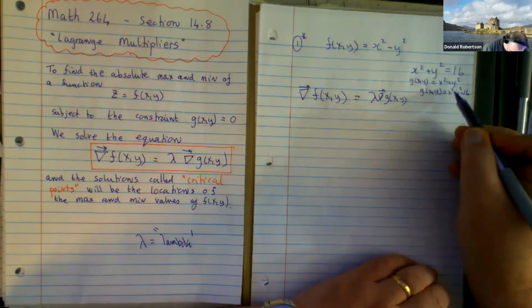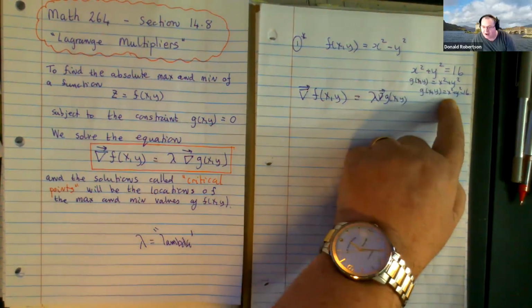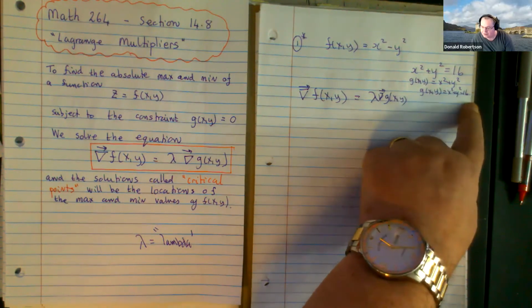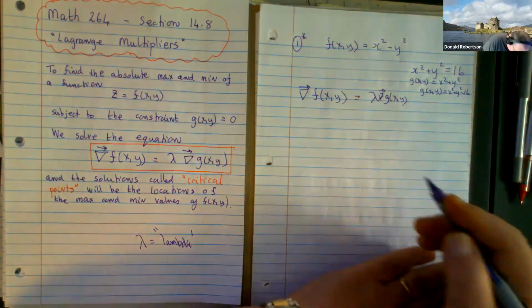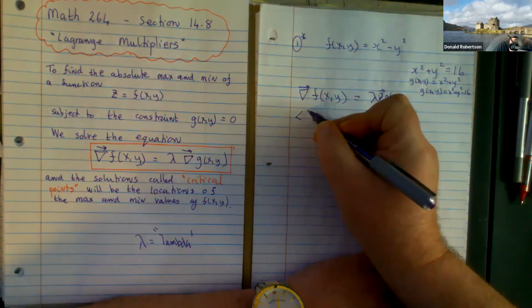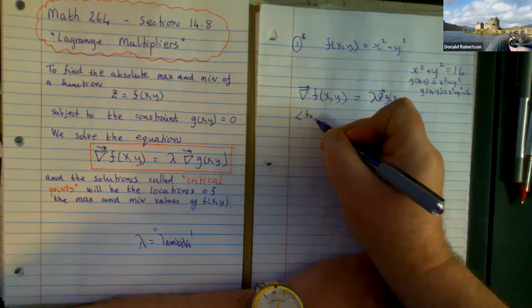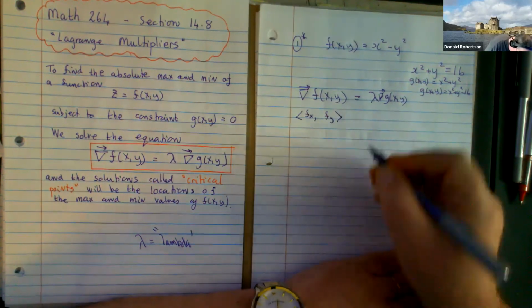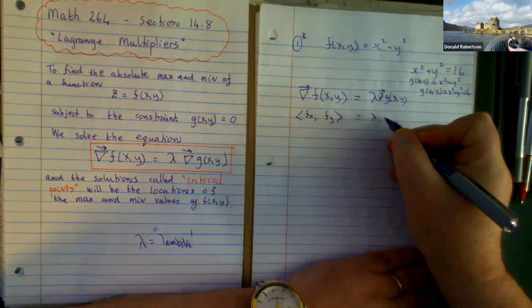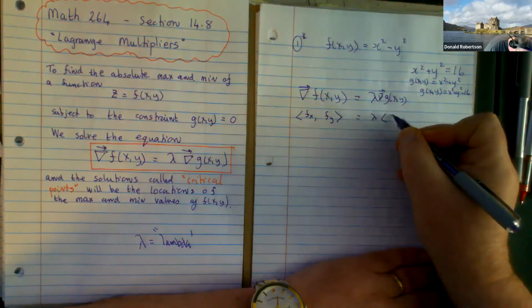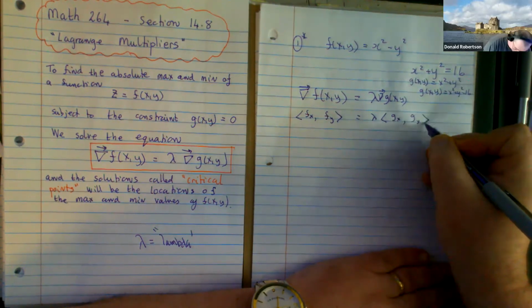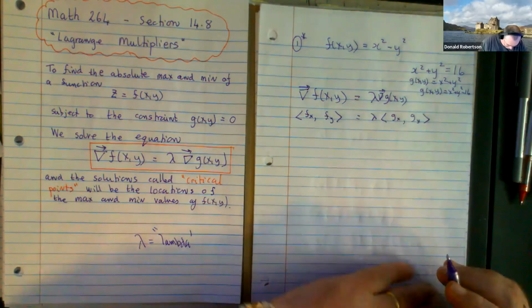But actually this works. And the reason why these two work is, aren't these two gradients the same thing? Because the number doesn't affect the gradient. So let's see what we get. The partial derivative of f with respect to x, partial derivative of f with respect to y, is going to be lambda, the partial derivative of g with respect to x, and the partial derivative of g with respect to y.